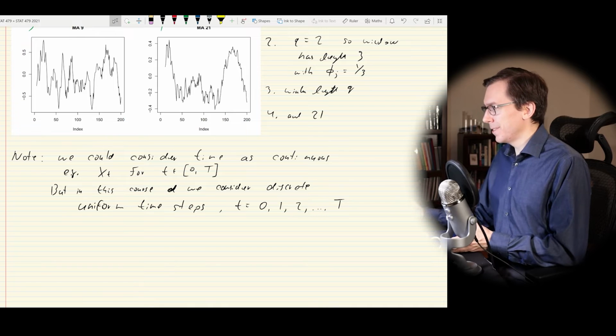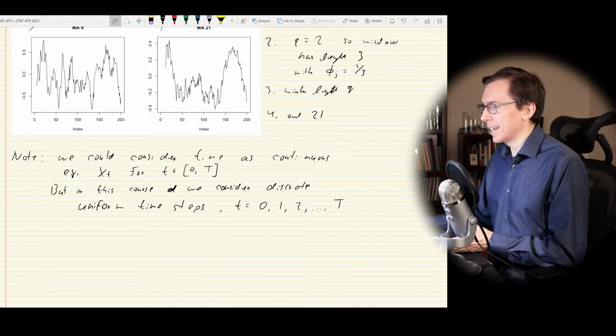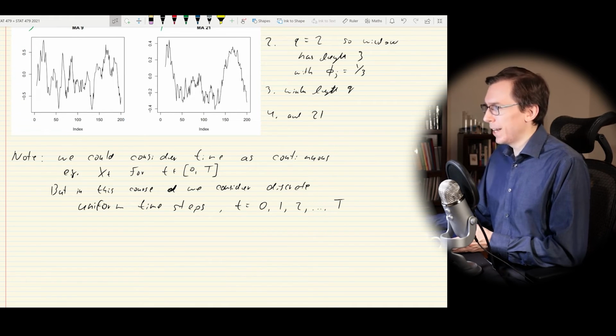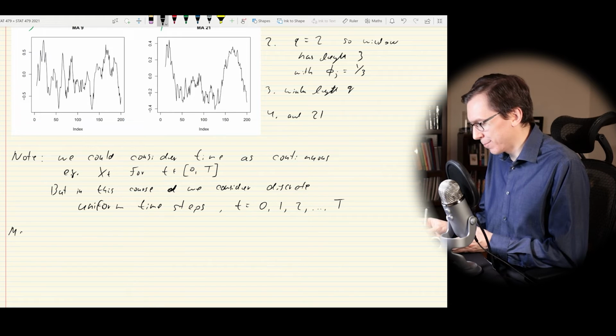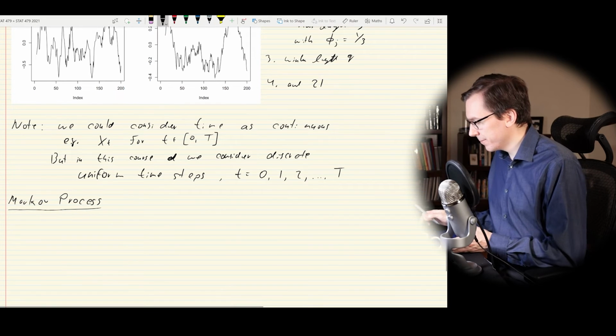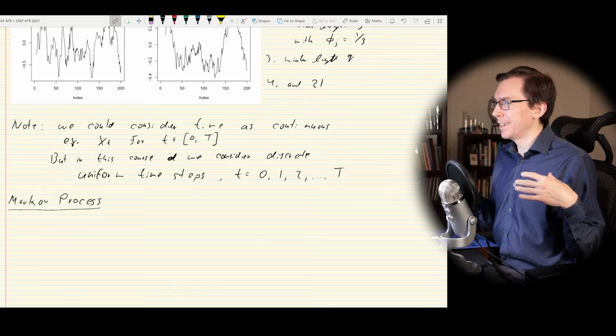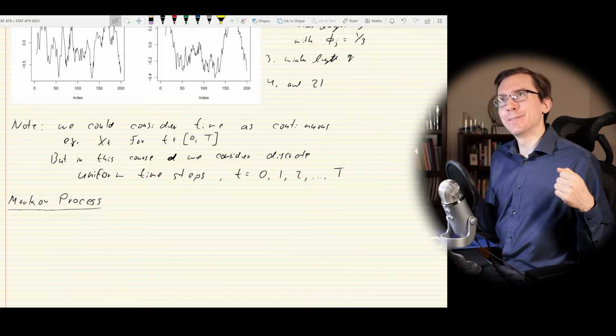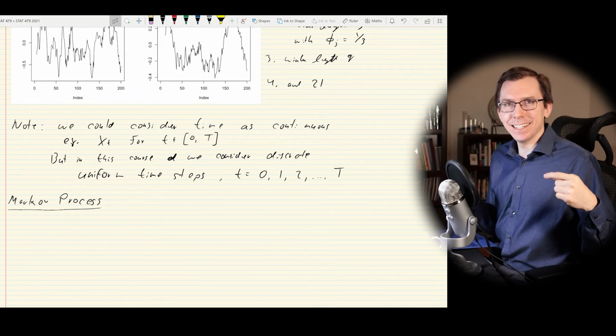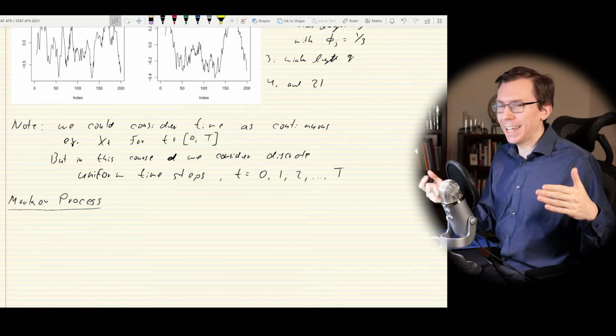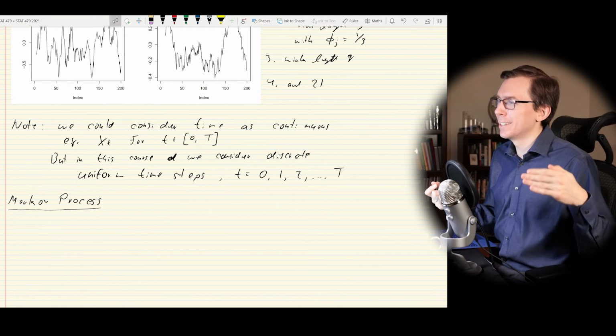Now, there are two definitions that I think are worth discussing before we go forward, and that's the idea of a Markov process and the Martingale. So let's consider very quickly, what is a Markov process? The Markov process is a way of describing the dependency in, in this case, a discrete time stochastic process.